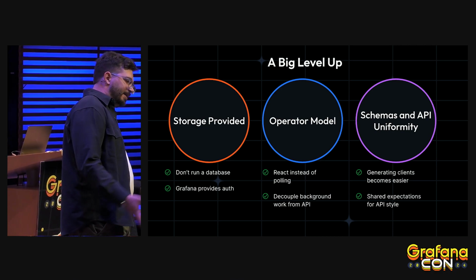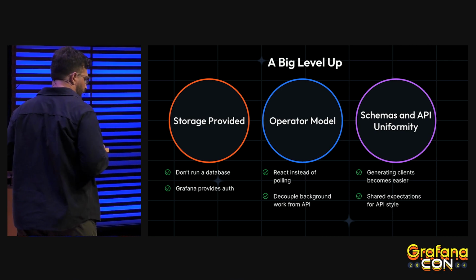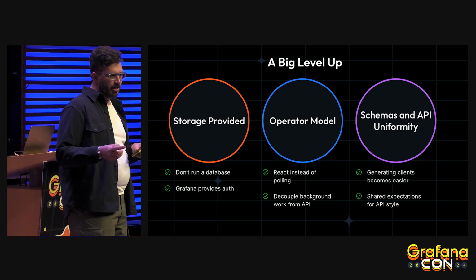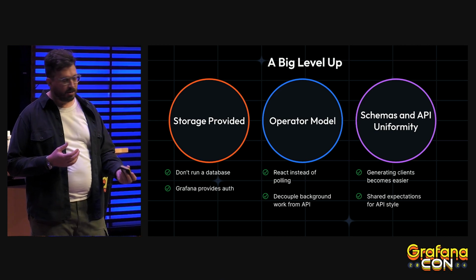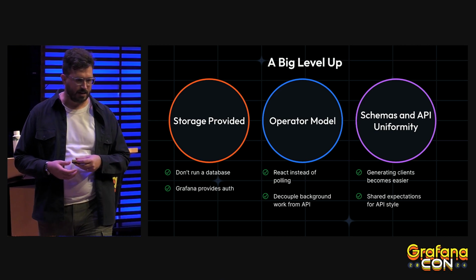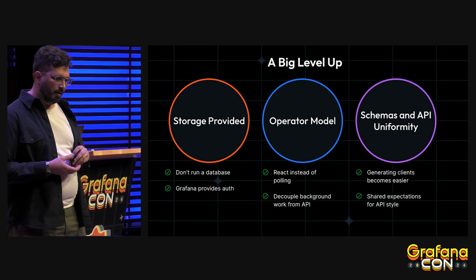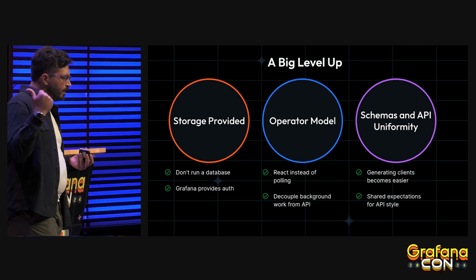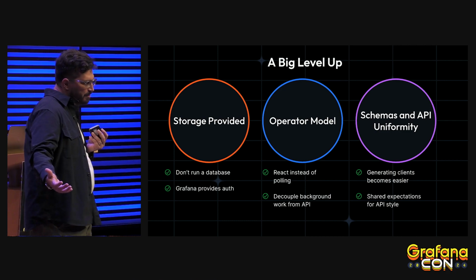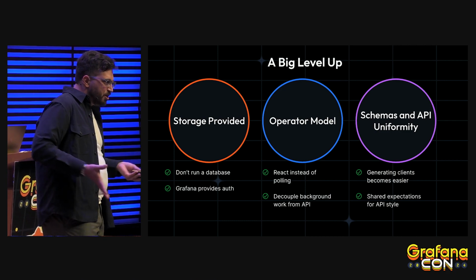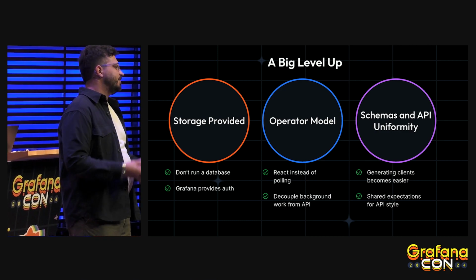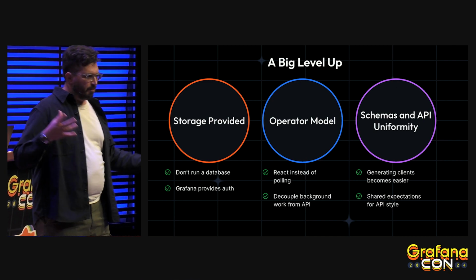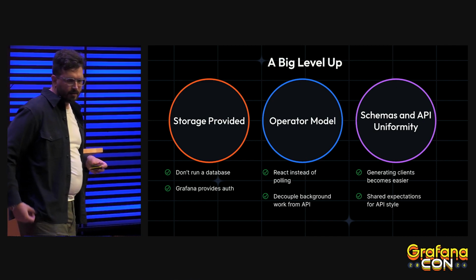It sort of guided us towards this operator model of reacting to resource changes. It gives us some reliability characteristics we really like for decoupling work, and all this schema stuff made it pretty easy for my back-end people to talk with my front-end people, right? We share the schema, we figure out what the schema looks like together, we both get our code. I don't write a bunch of JSON, this and that kind of stuff anymore.